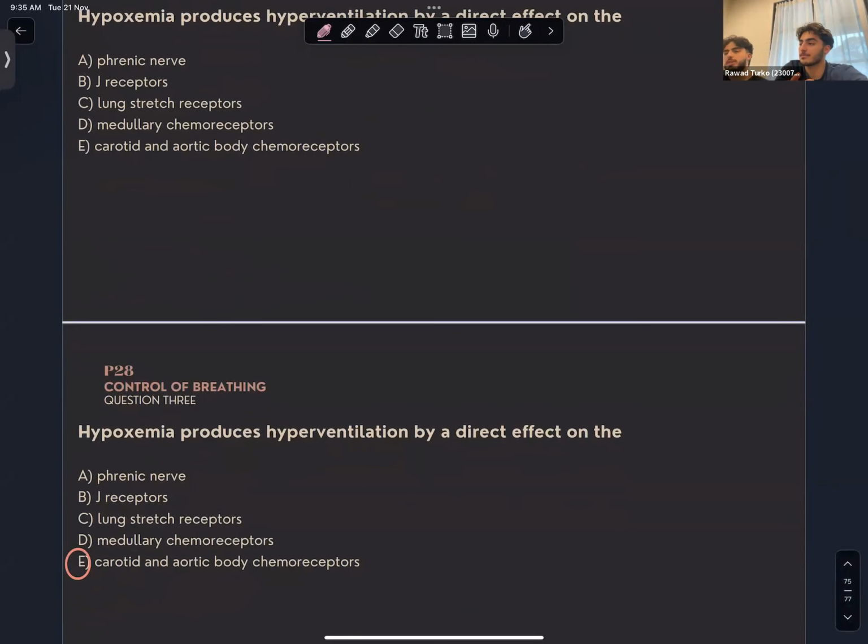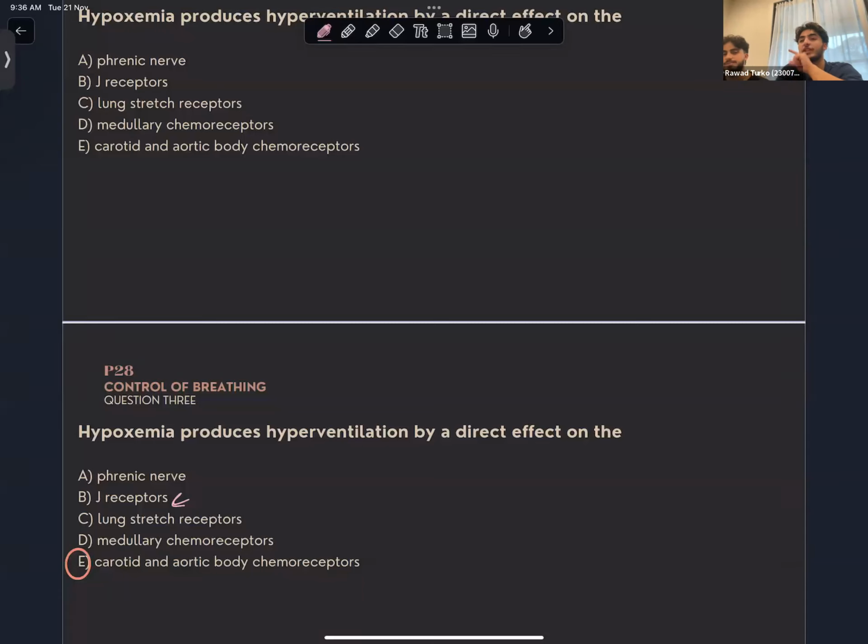What do J receptors do? Forget what they do. I think they have to do with the cough reflex, if I'm not mistaken. But these are not chemoreceptors.